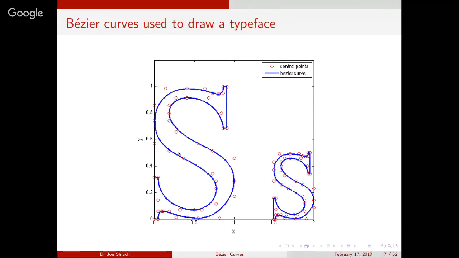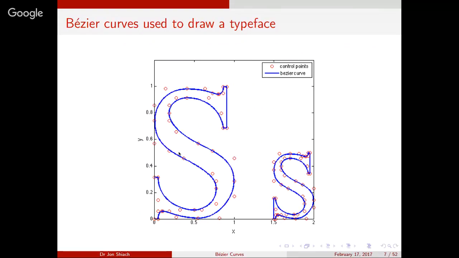Here's an example. This is one I did in MATLAB. Basically, I printed out a large Times New Roman S, and by a bit of trial and error, I tried to match the control points to what the S would look like. What I have here is a load of red circles. These are control points. This is actually a cubic Bezier curve, or rather lots of cubic Bezier curves.